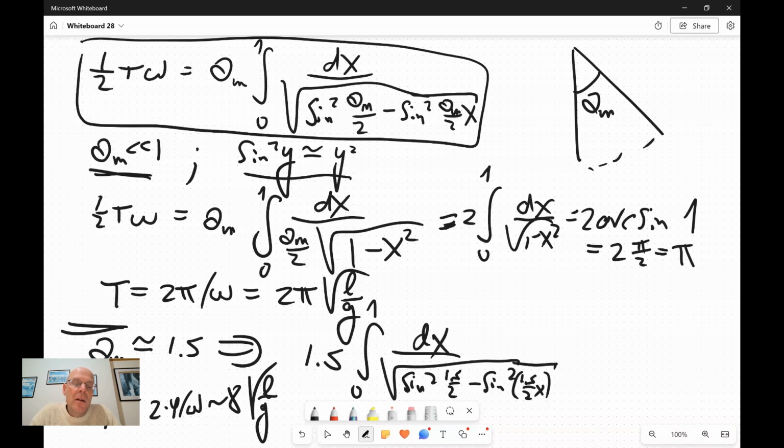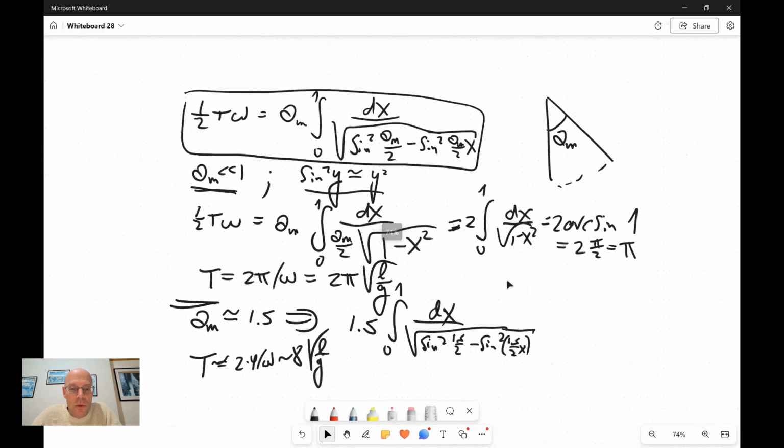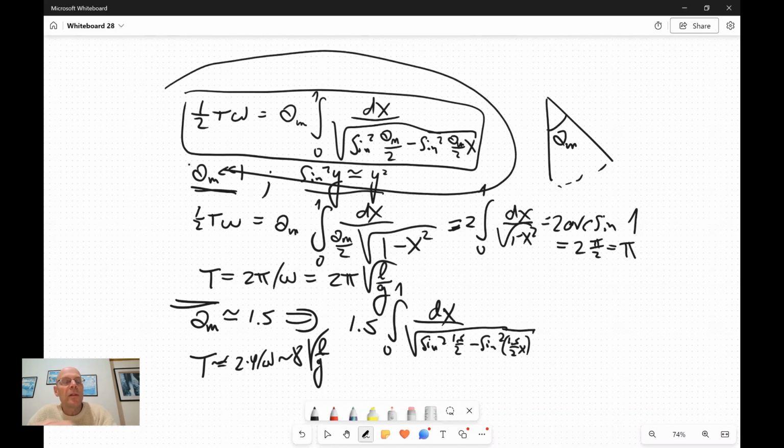So instead of 2 pi, we get 8. So what we see is that as we increase the angle, the period increases, and it is not independent of theta, but there is a deviation. And in general, the range is between 2 pi and 8. So to conclude, let me conclude. The conclusion is that the general relation is this. Thanks.